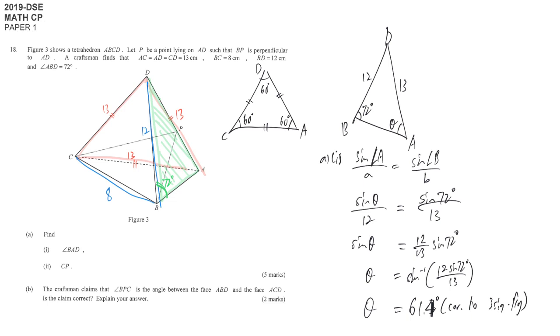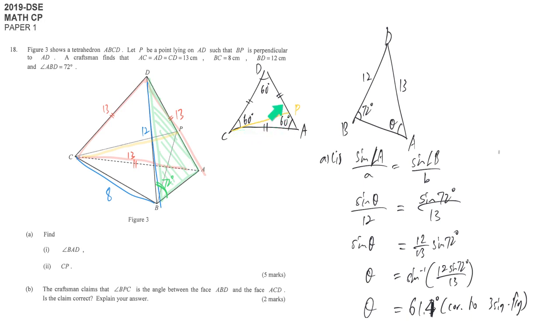And then for part B, our target is to find out CP. How long is that line? This line is on the plane of the equilateral triangle, so we are talking about somewhere here. First, you have to ask yourself, can you use a simple trigonometric ratio to find that out?